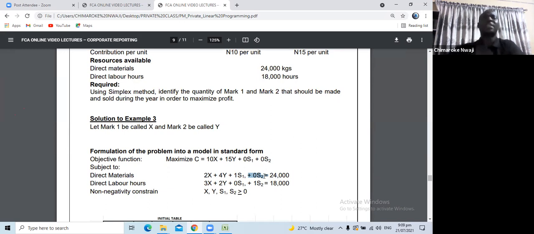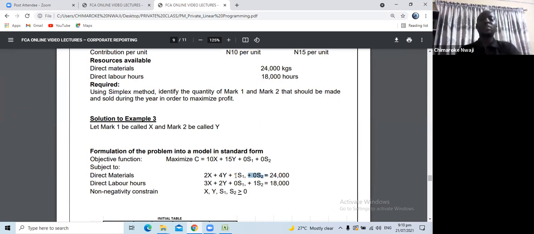We'll just assign 0S2. Now this is different from S2 being equal to 0. That is different. The coefficient of S2 is 0. So this is 0S2. The same thing here, when we say 1S1, it doesn't mean that your S1 is 1.